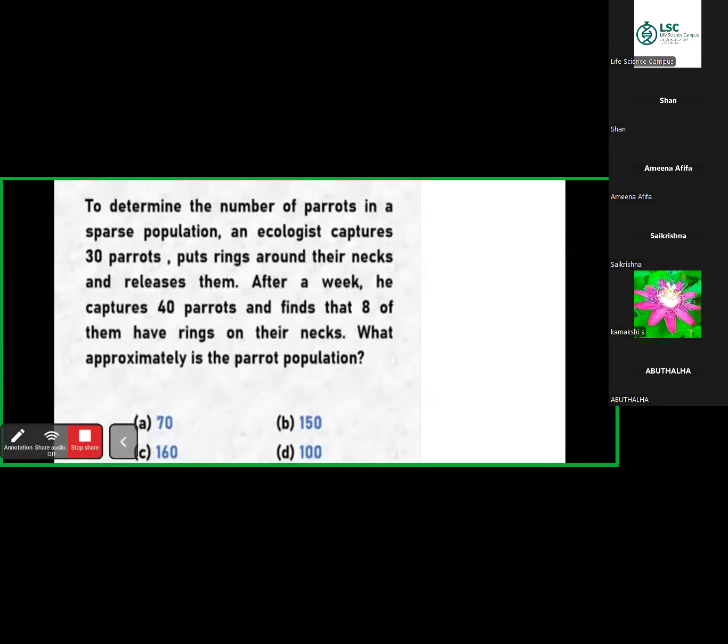To determine the number of parrots in a sparse population, an ecologist captures 30 parrots, puts rings around their necks, and releases them. So, in the first capture, there are 30 parrots. After a week, he captures 40 parrots and finds that 8 of them have rings on their necks.